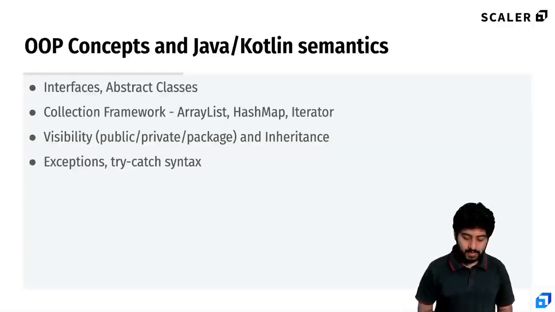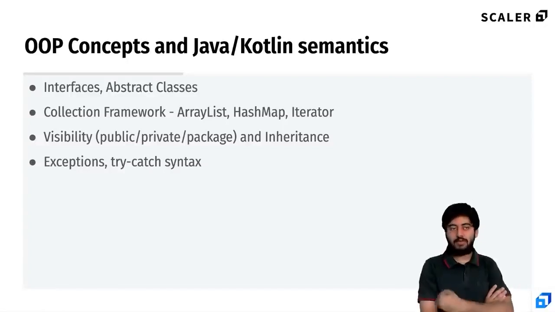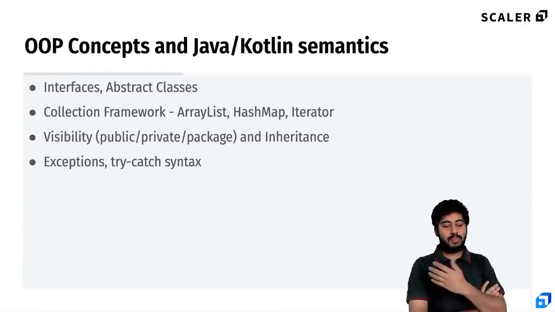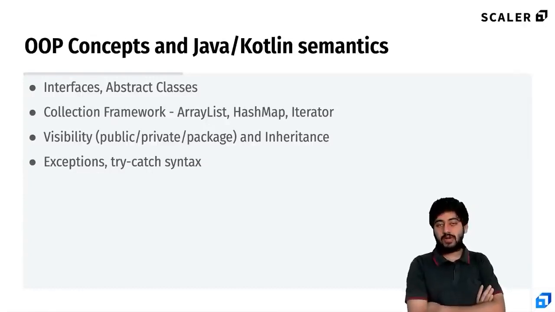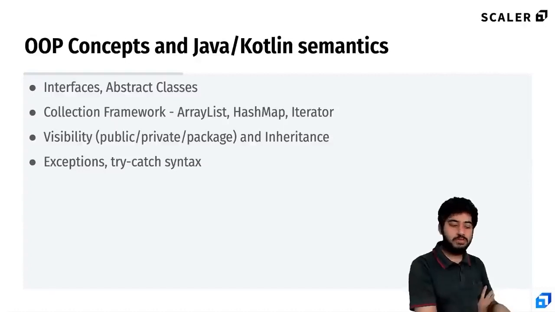Okay, so things that are needed before you even start opening Android Studio, I would say, are object-oriented concepts and Java and Kotlin semantics. These are things that I would place firmly in the prerequisite bucket.